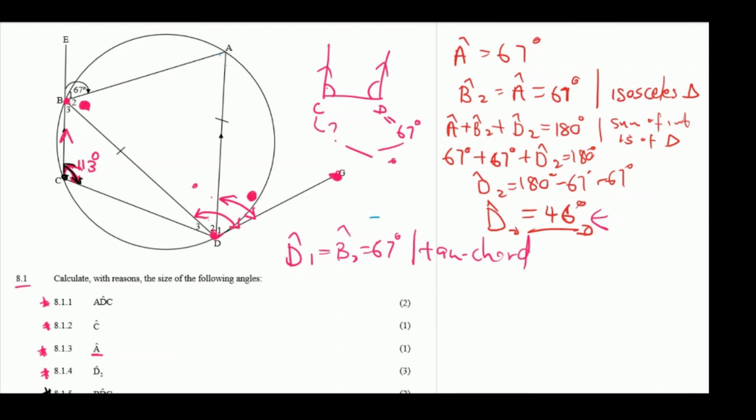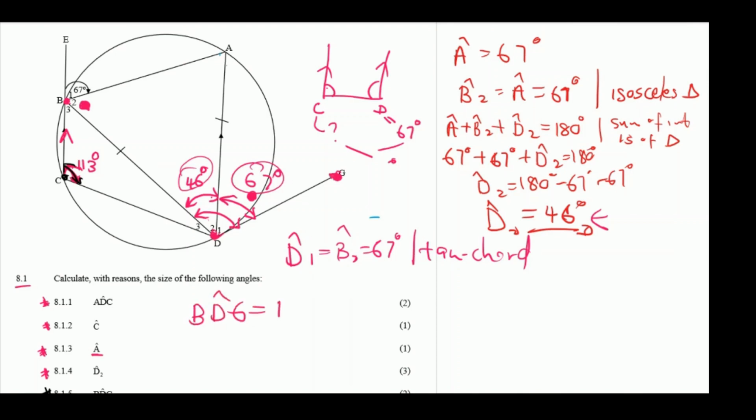Let me write it nicely. So we know that angle D2 is 46 degrees, right? And we just found that D1 is actually equal to 67 degrees. So basically we just need to combine this angle and this angle to find the required angle BDG, right?